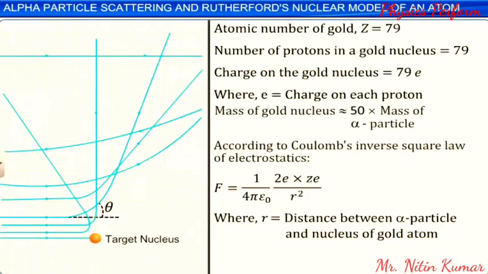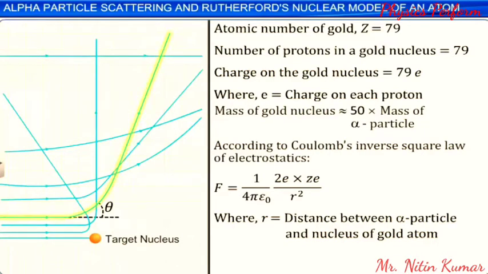If the impact parameter is large, the alpha particles pass without deviation. That is, the scattering angle is approximately 0 degrees. For relatively small values of b, that is, when the alpha particles are directed very close to the nucleus, there are huge deviations.